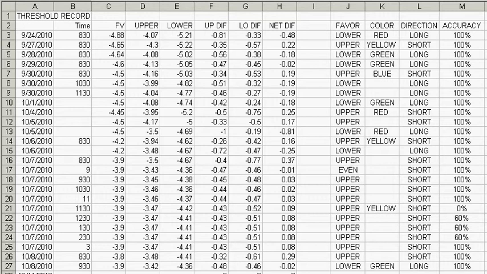Now, these numbers on the chart, particularly right here, FV stands for fair value. What we've done is we've run some calculations to determine certain premium levels above and below fair value.